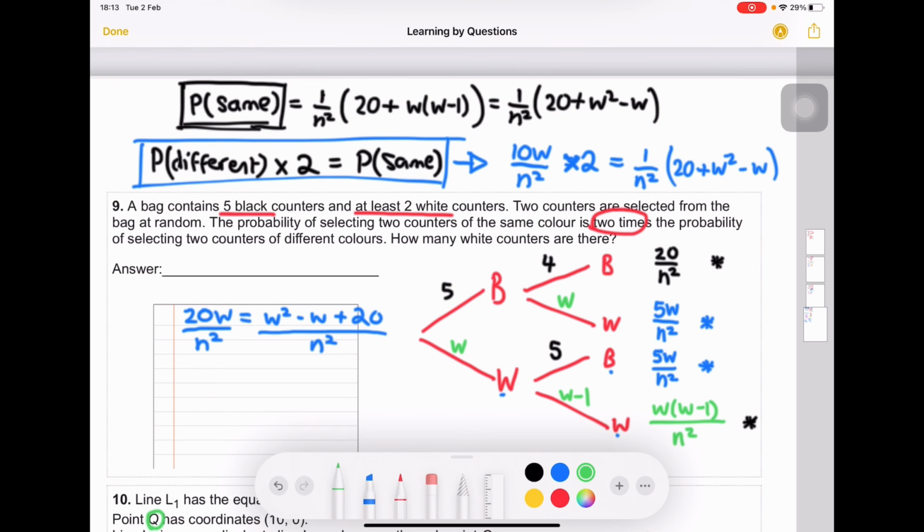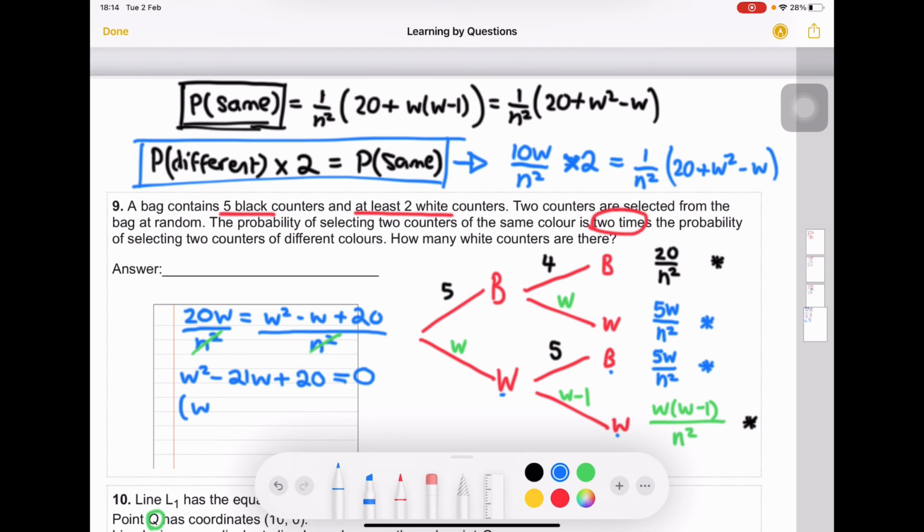Multiply both sides by n squared, and so these two will just go, and now we will rearrange so that we have one quadratic equation. This would be w squared take away 21w plus 20 equals 0.